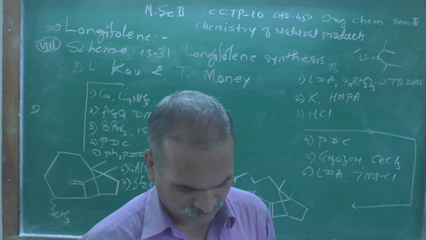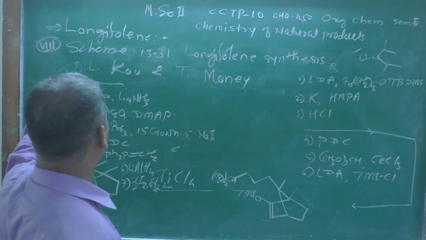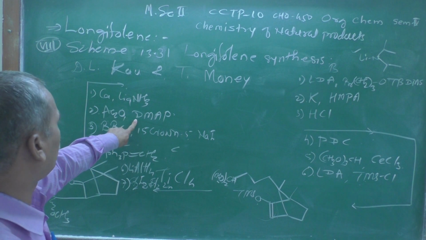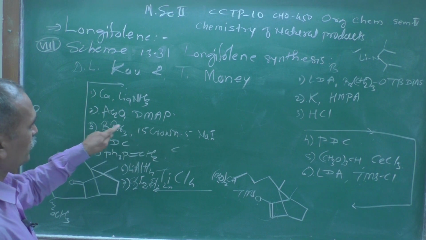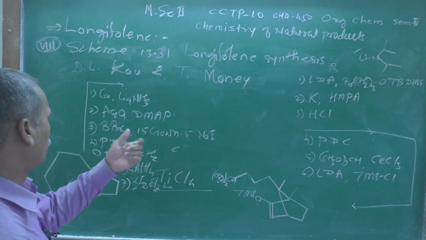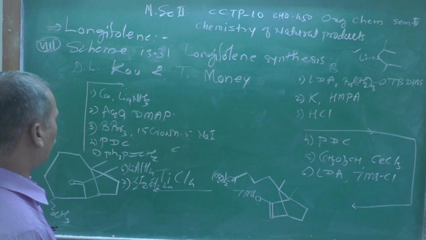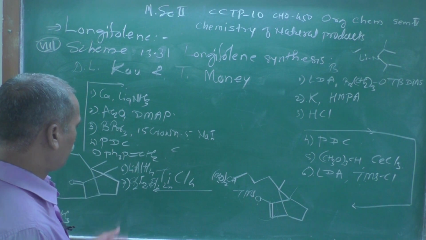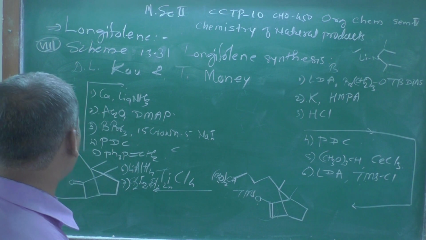These are the different reagents used here as the D reagent: calcium in presence of liquor ammonia, acetic anhydride in presence of DMAP, then tribromo boron in presence of 15 crown 5, sodium iodide, then pyridinium dichromate, then Wittig reagent, we know that, and then lithium aluminum hydride, and finally CH2I2 in presence of diethyl zinc.